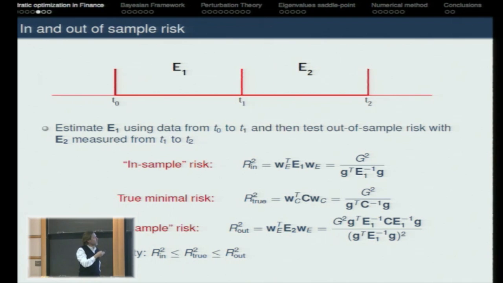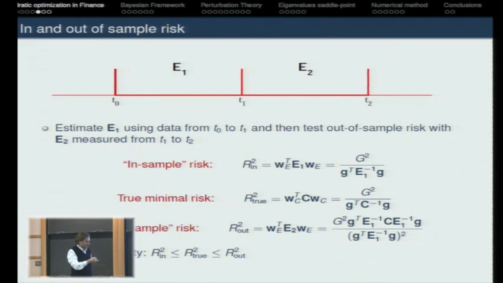So I have a sample covariance matrix E1, but I want to make a decision, say optimize my portfolio, find the minimum variance weights, and then I want to apply them on the second time period between t1 and t2 and see how good I'm doing. So the E2 would be the out-of-sample period. So E1 and E2 are both realizations of a true covariance matrix that I don't know.